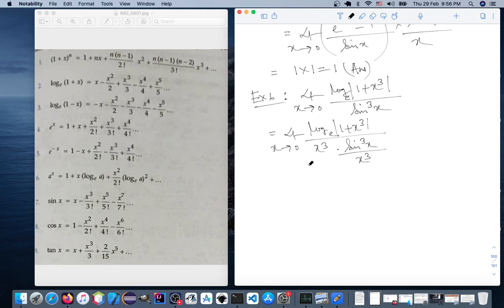Because if x is tending to 0, anyway the mod of 1 plus x cube will be 1 plus x cube, because 1 plus x cube will always be positive when x is tending to 0.